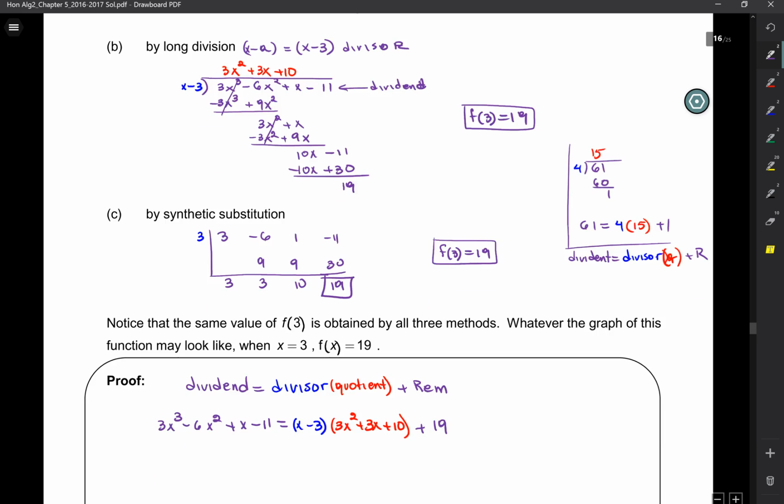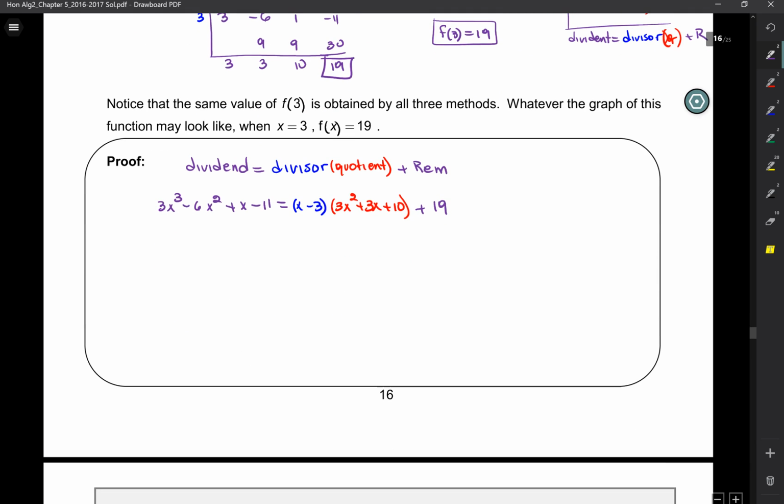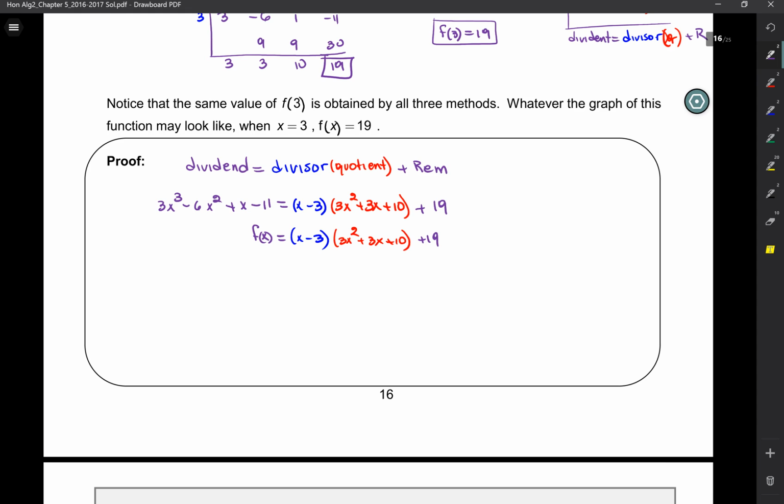That was the function that I started with, right? At the very beginning, is that called f of x? Yeah, that's called f of x in the very beginning, right? So I can substitute f of x for this, yes? So f of x is equal to x minus 3 times 3x squared plus 3x plus 10, plus 19. This in the very beginning of the page was my f of x, all right?